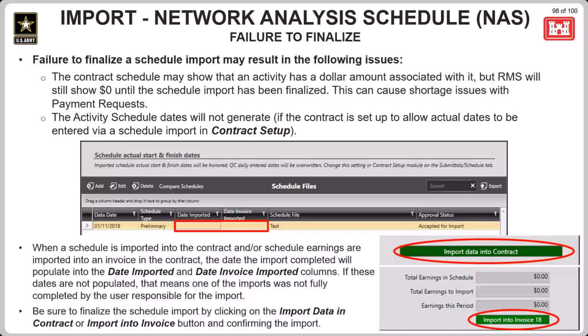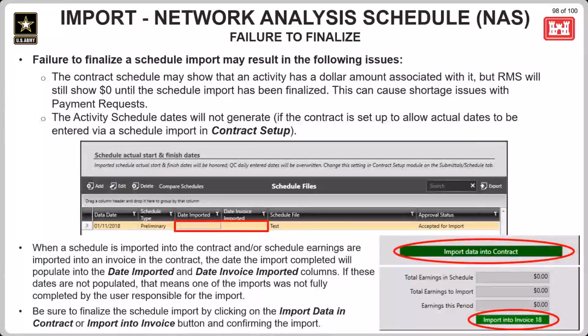Also, the initial import will need to go into the contract first and not into an invoice. An import needs to be made into the contract first. That way, the most updated information is in the contract before any amount on a subsequent invoice is requested. If it's done backwards, then that's how shortage issues can occur in a payment request.